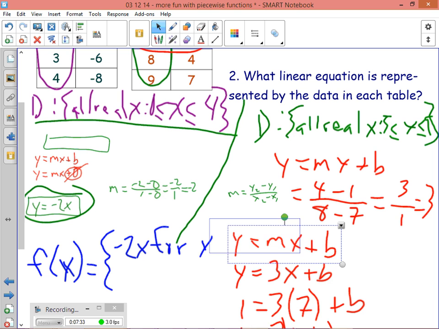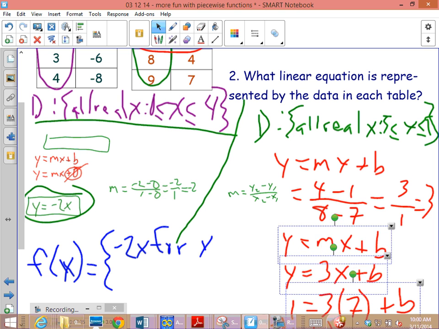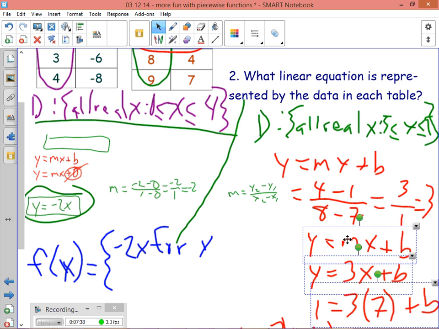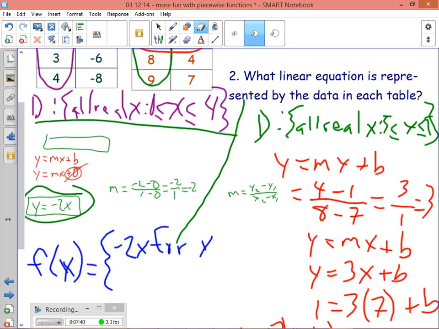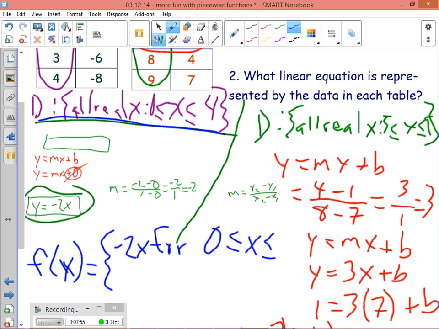Probably getting crowded here. So negative 2x for my domain, which I have already established, is x is between 0 and 4. For 0 less than or equal to x, less than or equal to 4.